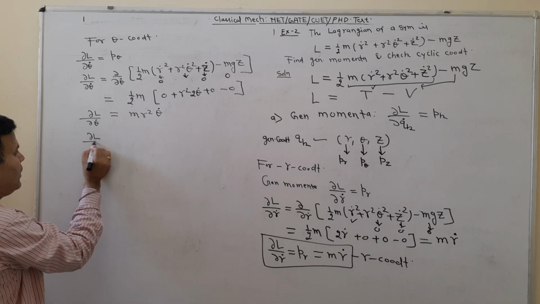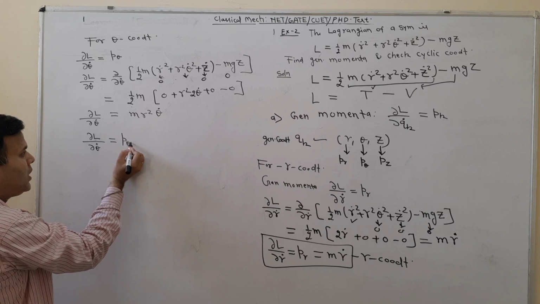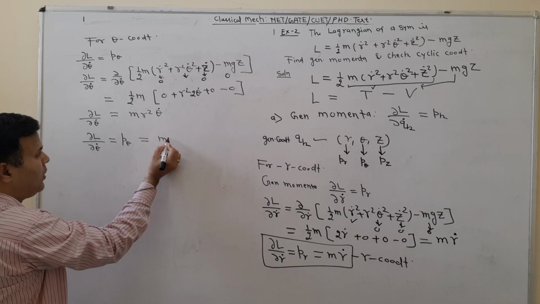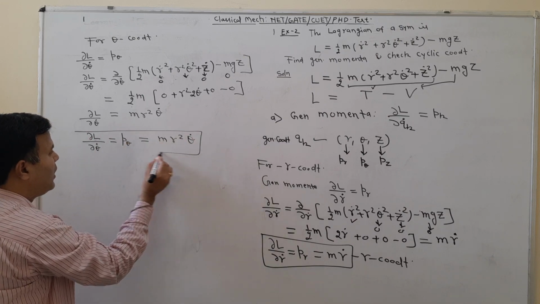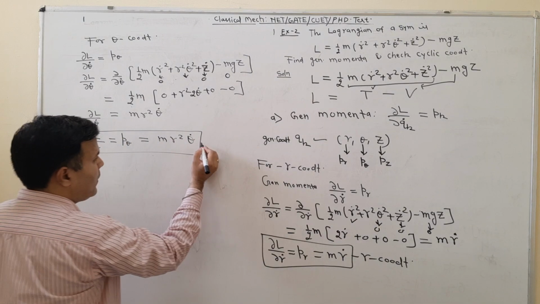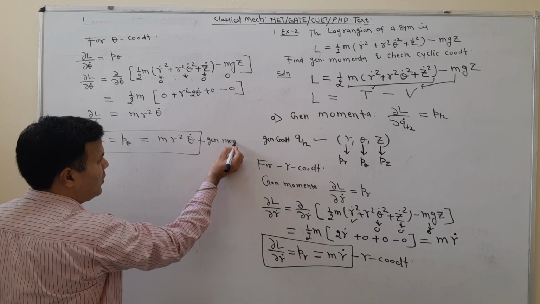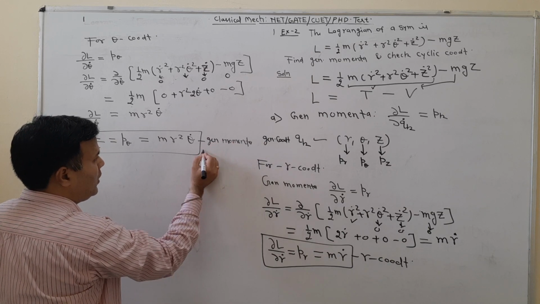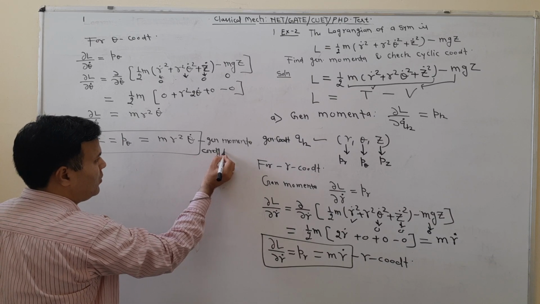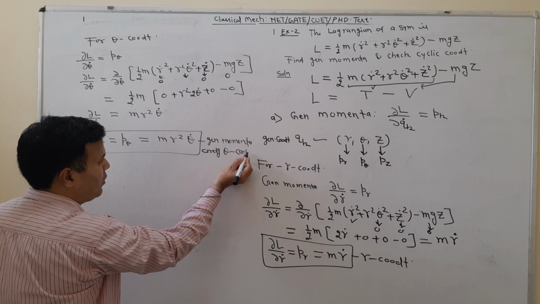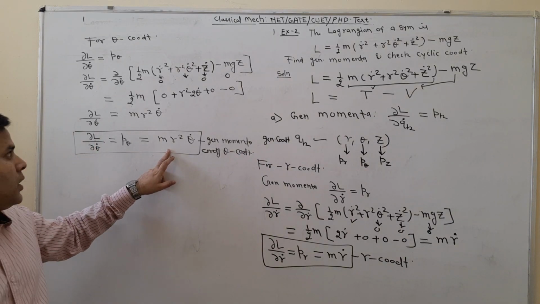So p theta is m r squared theta dot. This is the generalized momenta corresponding to the theta coordinate.